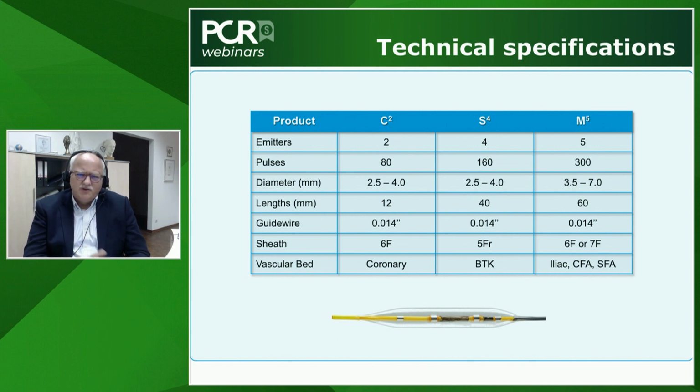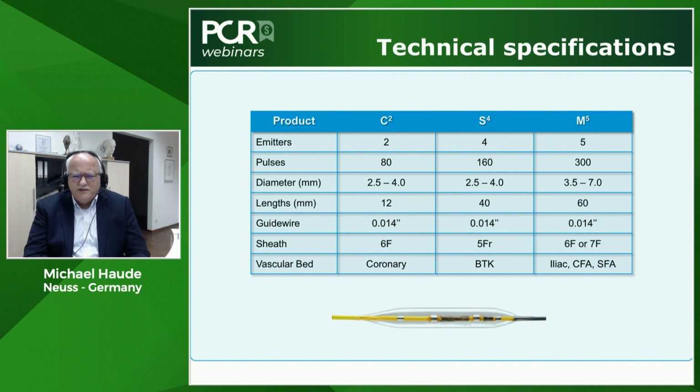So I will focus on the one, the C2, which is the one for coronary application. This one has 2 emitters and allows to give 80 pulses, 8 runs of 10 pulses. It has different diameters available, 2.5 to 4.0, to accommodate most of the lesion spectrum that we nowadays address. What is important to say is that currently we only have one balloon length available, which is 12 millimeters in length.